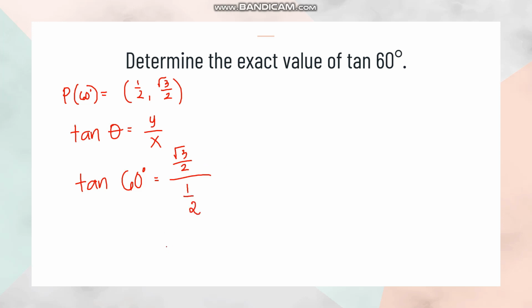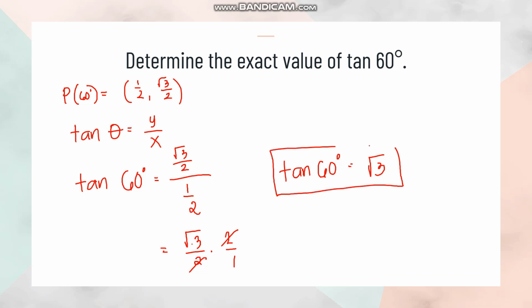So you just have to simplify this: get the reciprocal of the denominator, and then multiply it to the numerator. So for 1/2, we get 2 over 1 or 2. You can cancel this, then multiply. Therefore, tangent of 60 degrees is equal to square root of 3. So that will be the value of tangent 60 degrees.